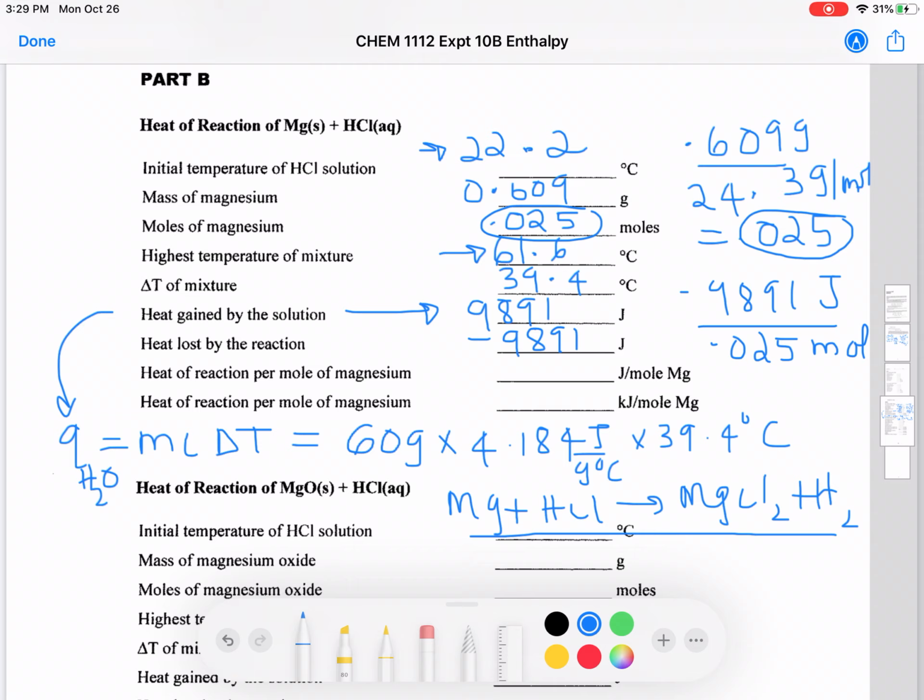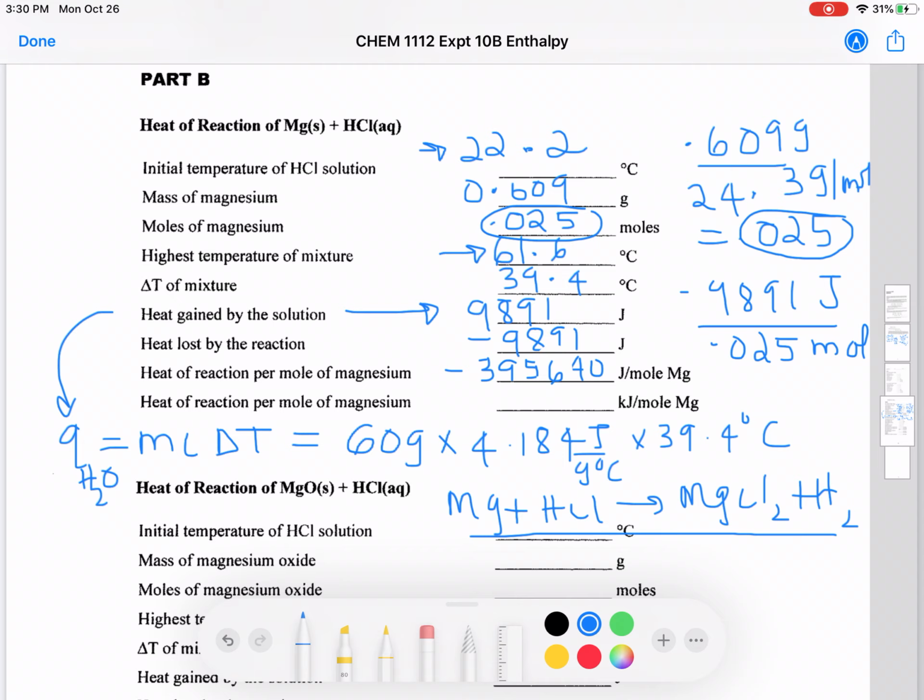You take this number, you divide it by 0.025, and that would be negative 395,640. It's a big number. That's going to be joules per mole of magnesium.